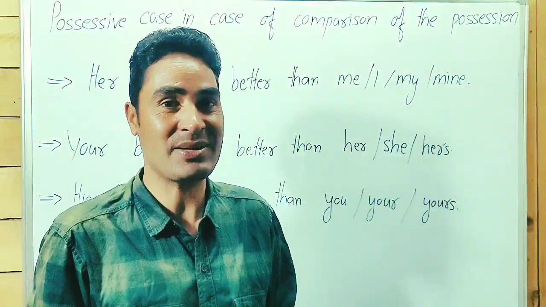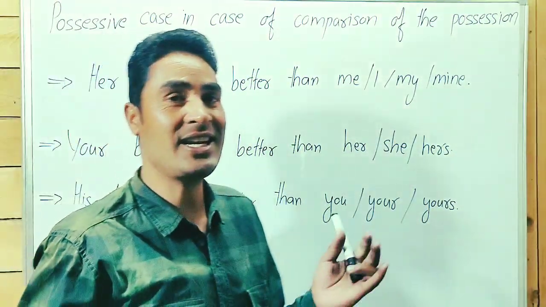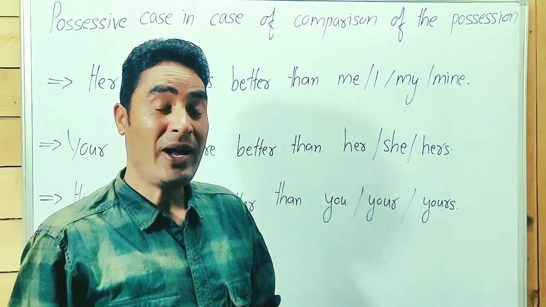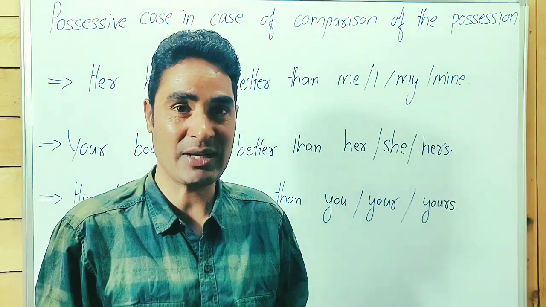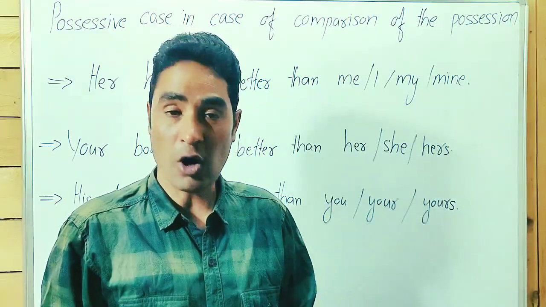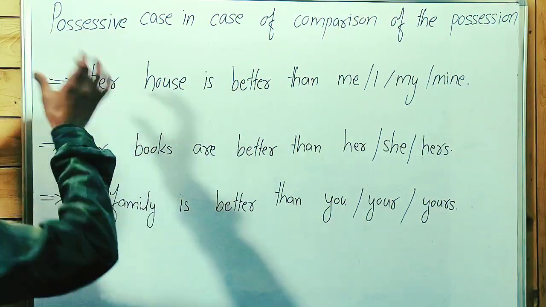Mine is possessive case. We are learning the possessive case in comparison of possession. As I mentioned before, when we compare two subjects, we use the subjective case. When we compare two objects, we use the objective case.